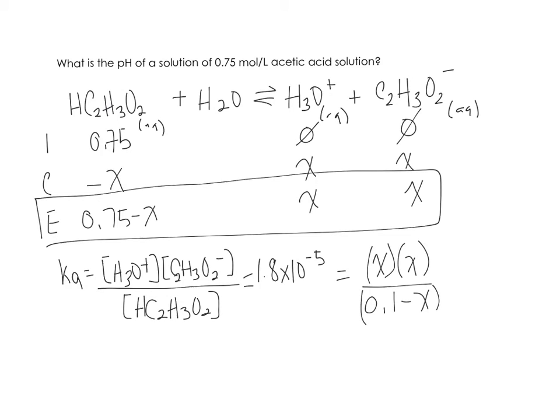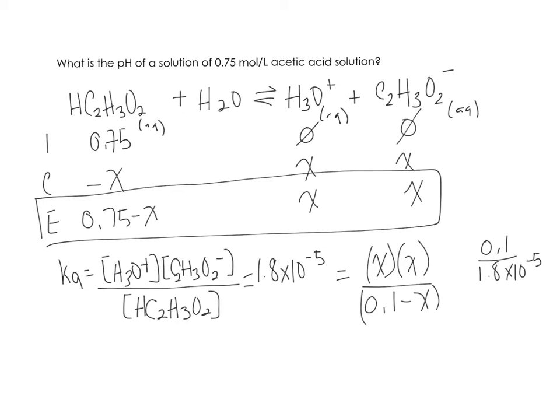Now, remember, you're a chemist. You're efficient. So we're going to use our 1,000 rule again. If the initial concentration of our acid divided this time by our Ka value is much greater than 1,000, we can assume that 0.1 minus x is approximately 0.1, which will make our calculations a lot simpler.